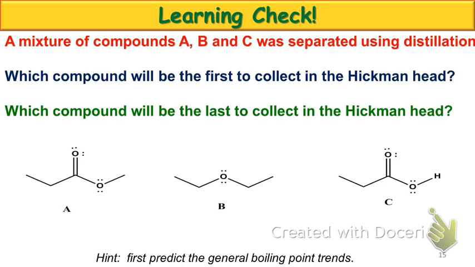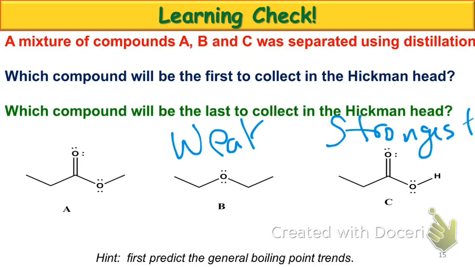Okay, which of those has the strongest intermolecular force? The hydrogen bonding, which is C. Which has the weakest? B. Which one has the highest boiling point? Highest boiling point means it requires more energy, which would mean strongest intermolecular forces.